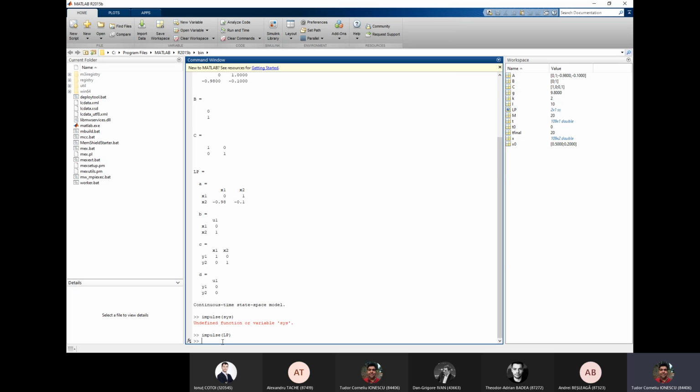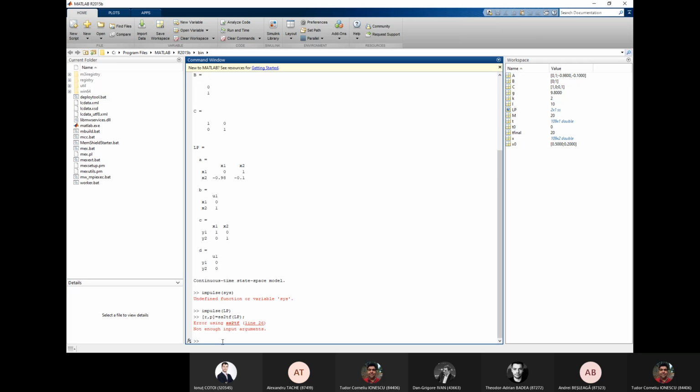Now, let's build the transfer matrix. So now we call H equal, no. We have to build the numerator and the denominator, with state space to transfer function, if you remember this function, of LP. But this is not necessarily all right.